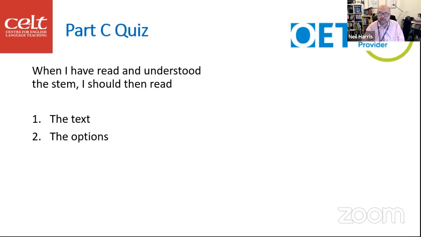Therefore, we save time and we read better when we know what we are reading for and why. So that explains why we start with the question stem, because it tells us what we're looking for. Then we go to the paragraph in which it's contained to find the information, and then we read carefully for the answer.